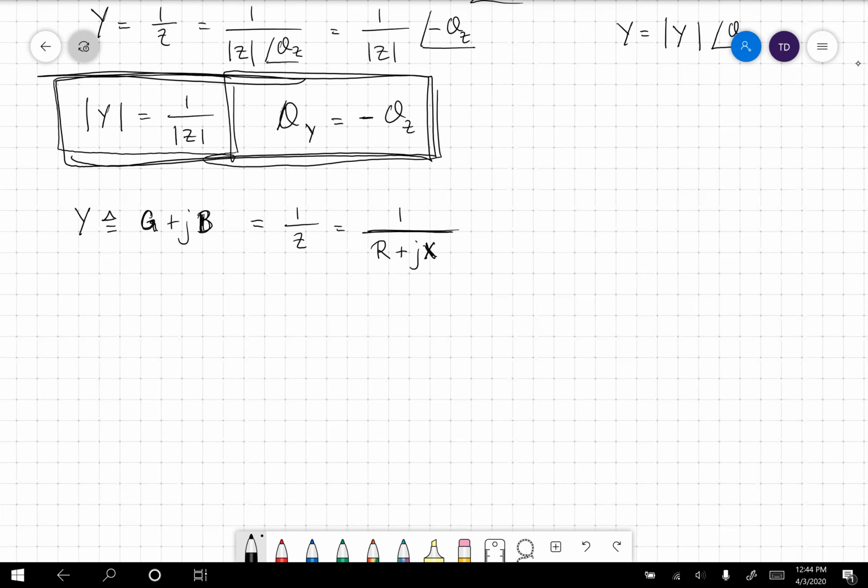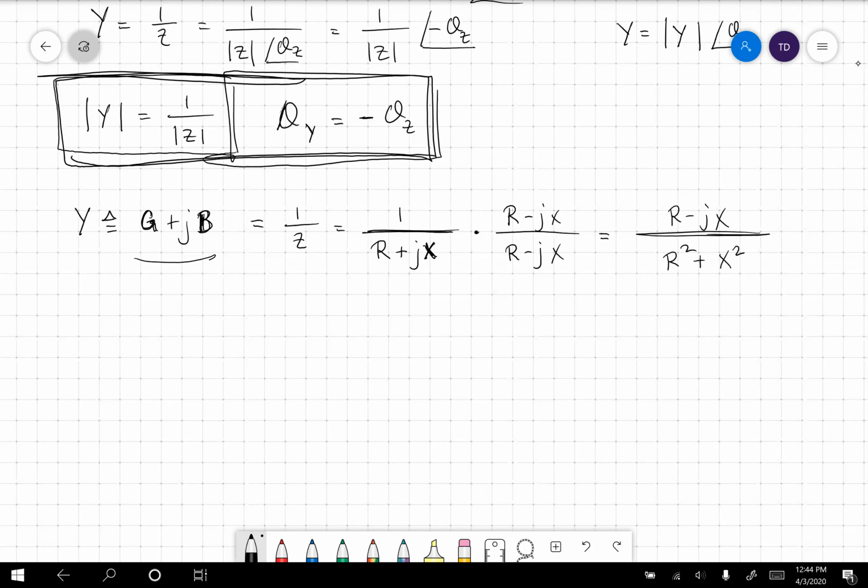So I'm going to do this all in rectangular. Let's multiply that by R minus jX over R minus jX. So I'm multiplying by the number 1, and I'm going to get the following. This is R minus jX, all divided by R squared plus X squared.